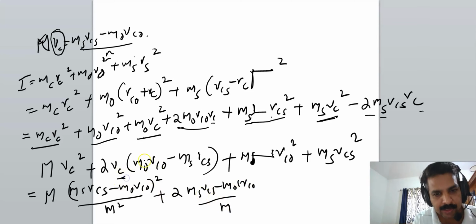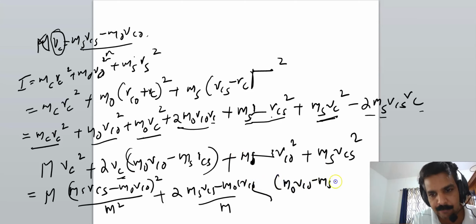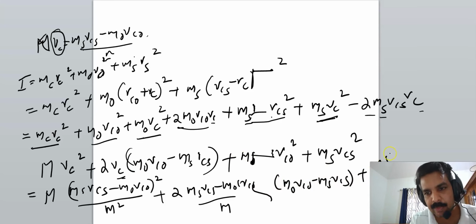2 RC, and again this term here, that is MORCO minus MSRCS, plus again this term, that is MORCO square plus MSRCS square.